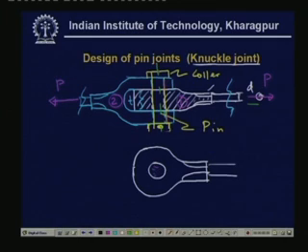So although it does not fail completely, there may be elongation here. So the pin shifts here by damaging this surface. So that has to be checked, because if this is damaged, then of course the material gets weakened, and there is a tendency for further propagation of different cracks and failure, ultimately leading to the failure of the entire joint.